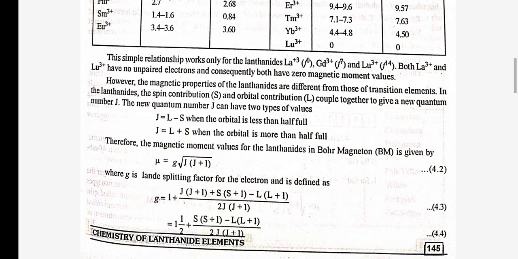In the lanthanides, the spin contribution and orbital contribution couple together to give a new quantum number J. The new quantum number J can have two types of values. J = L - S, where the orbital is less than half full. J = L + S, where the orbital is more than half full.